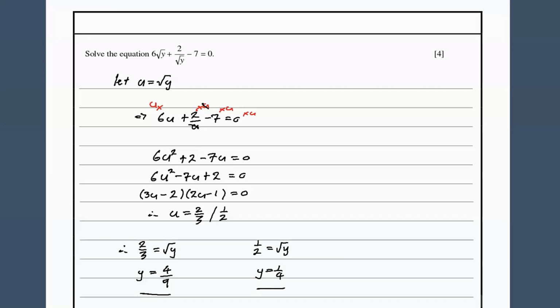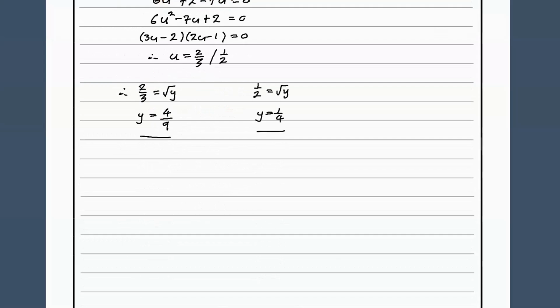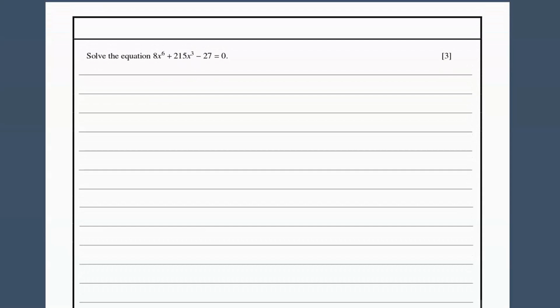Let's have one more hidden or disguised quadratic equation, which is this question here. It says, solve the equation 8x to the 6 plus 215x cubed minus 27 equal to 0.